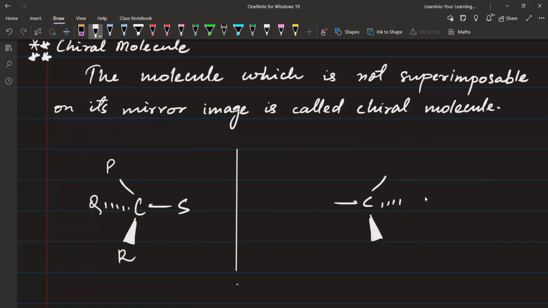Carbon, then we have S. The mirror image will be P, this will be Q, and this will be R.